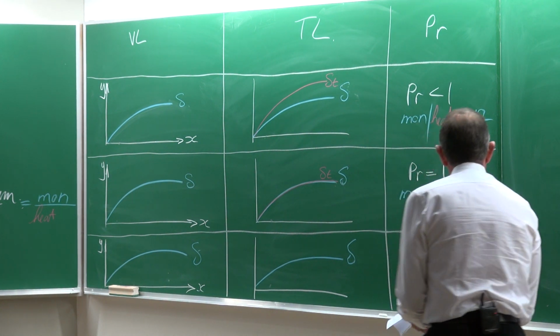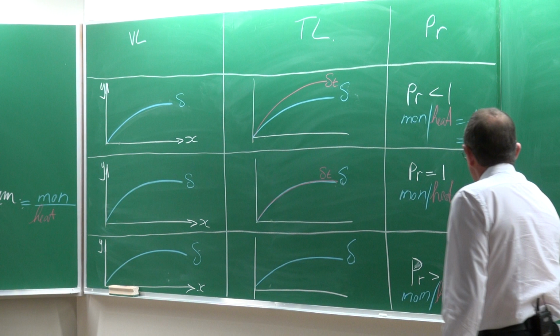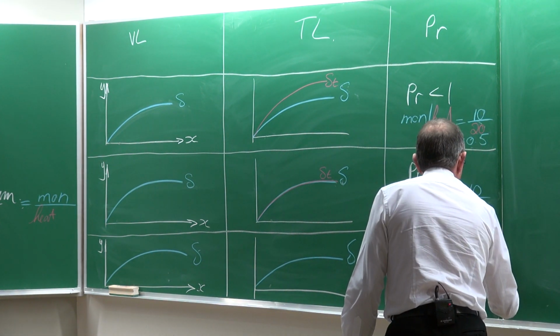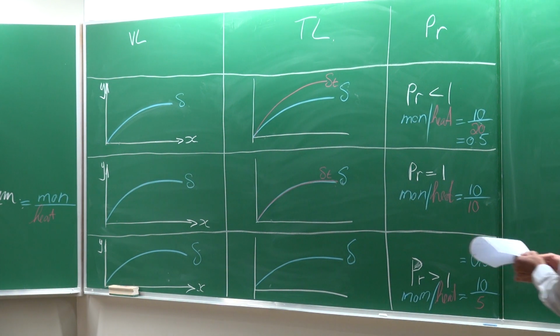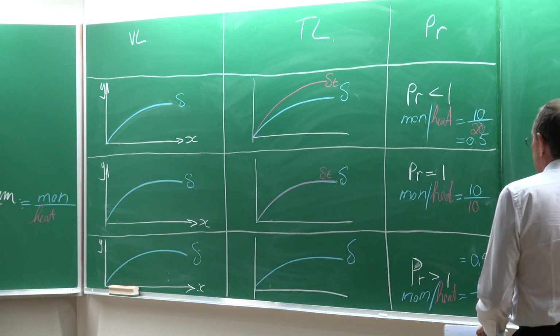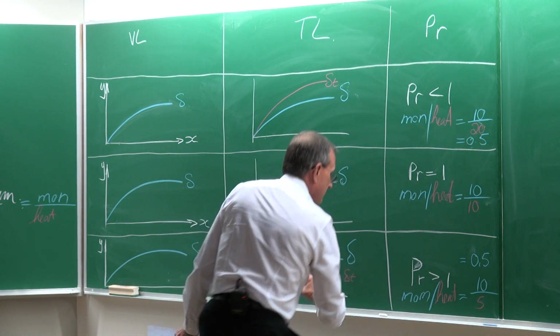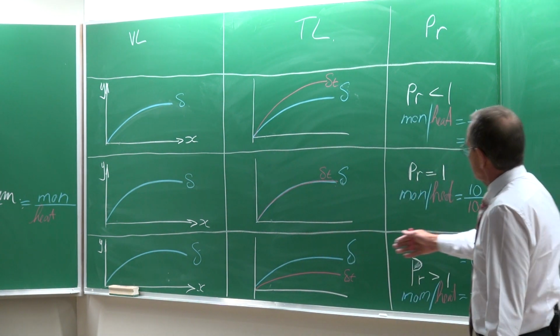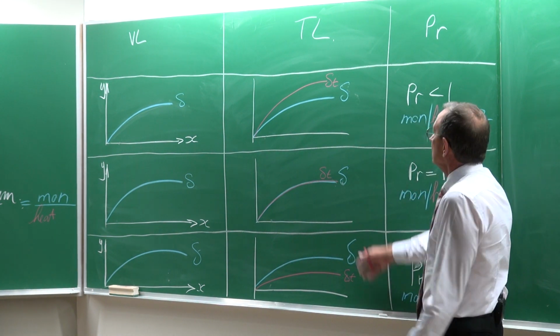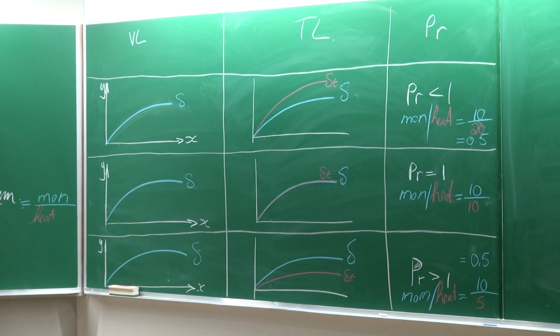Let's suppose 5. And this thermal boundary layer thickness will then be there. The momentum diffuses faster than the heat and the other way around. So that is a very simple way of understanding why the two boundary layers behave as they do.